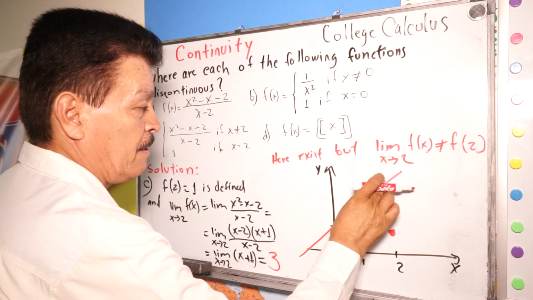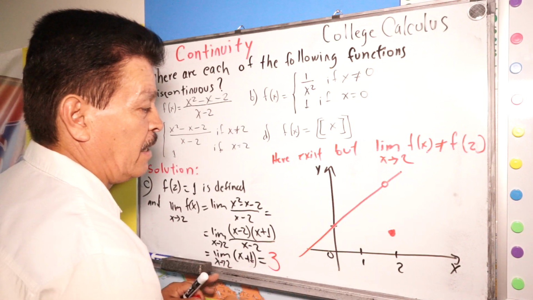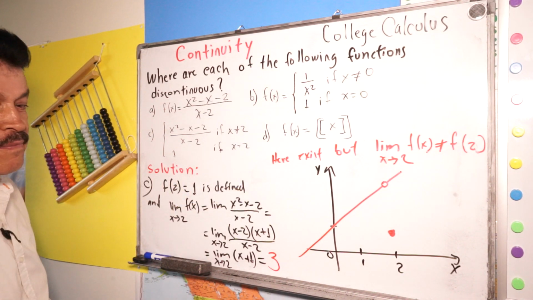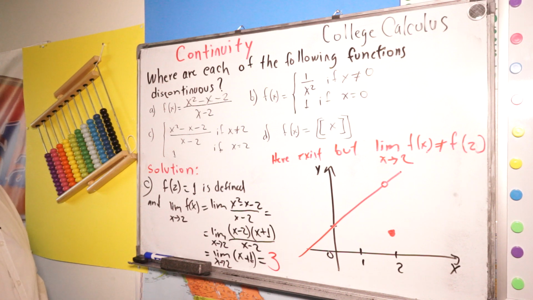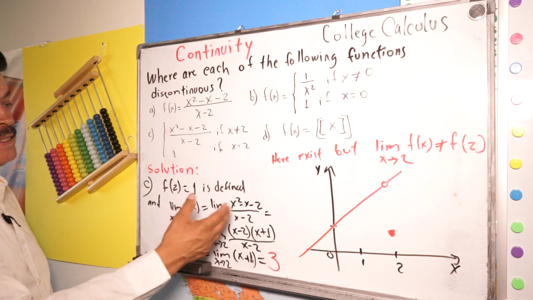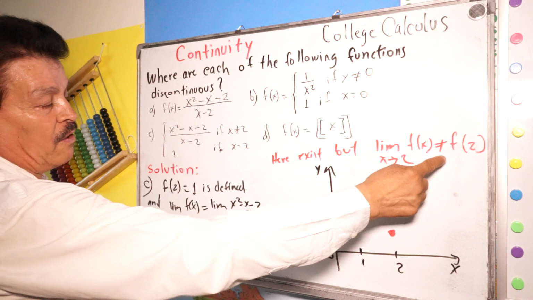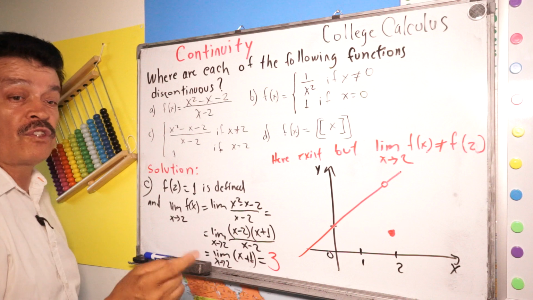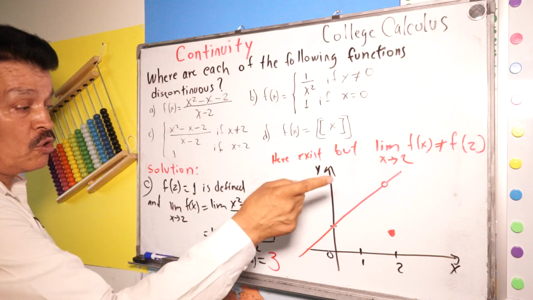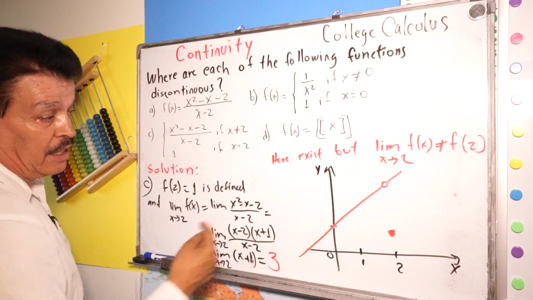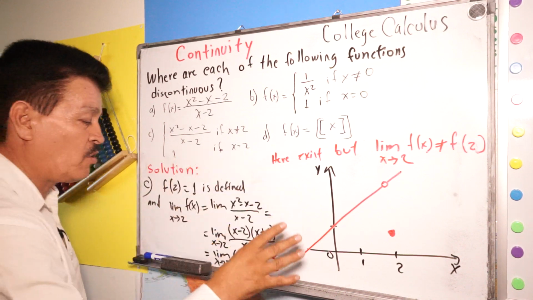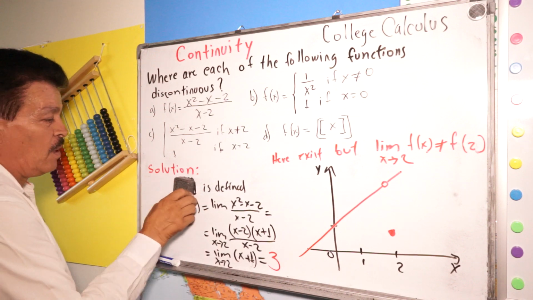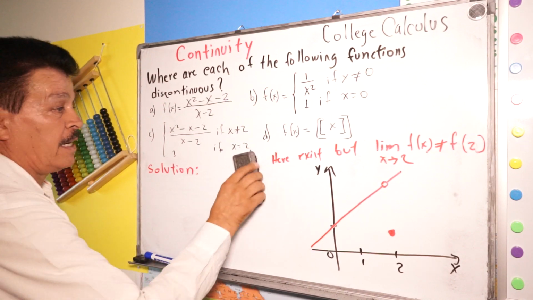So here the line is broken. The graph looks like that. The limit exists, but it is different from f of 2. When x approaches 2, it's right here. You can see the graph. It's better, the pictures are more understandable. That was number C, the letter C.